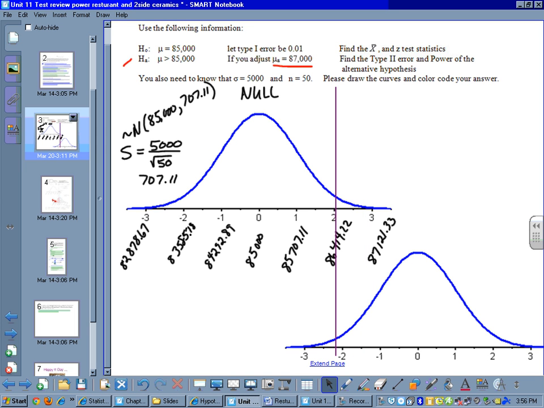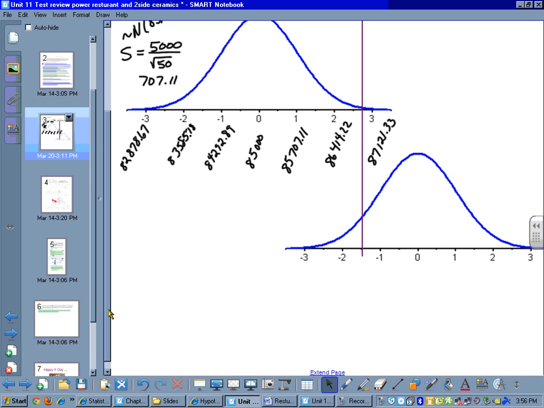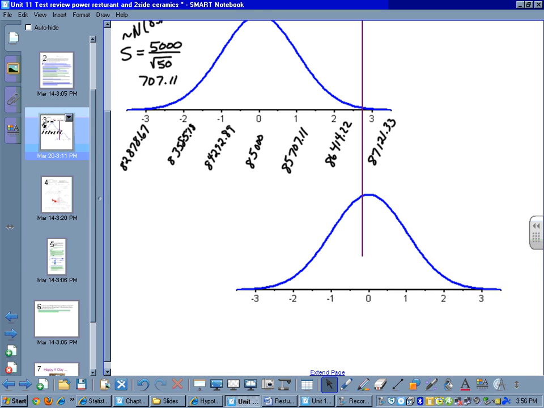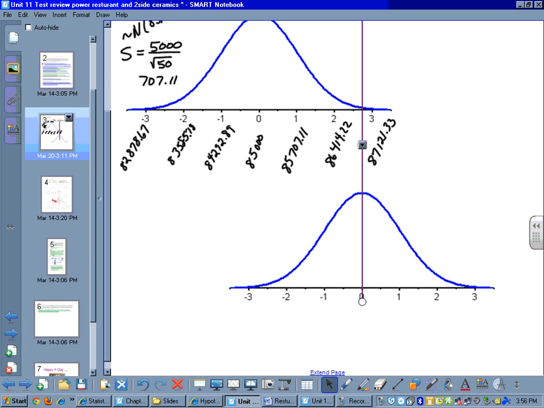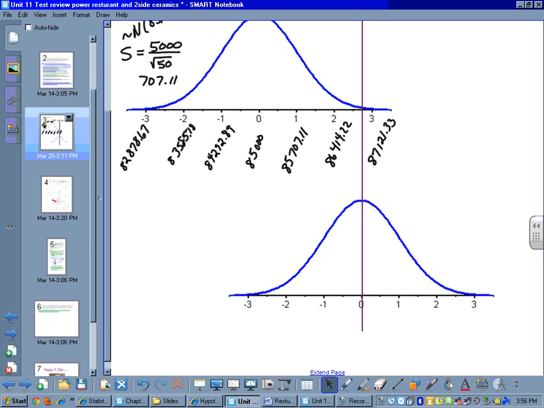So this is basically 86 and a half, and this is almost 88. I'm going to put 87 about right here. And with that knowledge, I'm going to take my alternative graph and make sure that the mean is going right through where I think the 87,000 is.